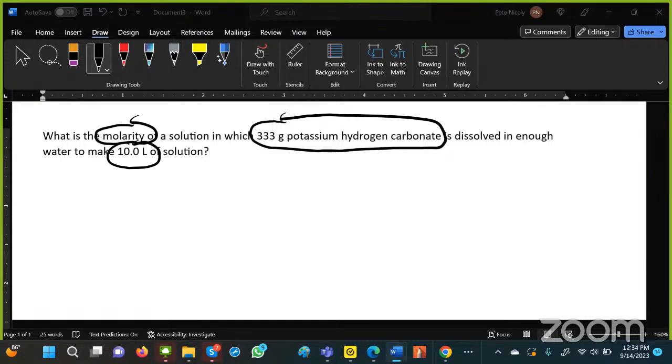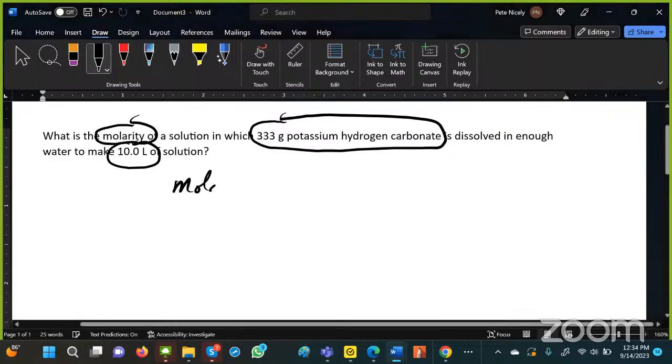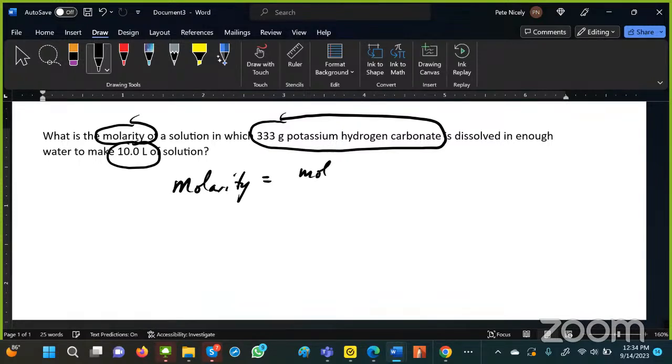What's the formula for molarity? Molarity is equal to what? Let's start off with that. Moles of solute divided by liters of solution. Okay, so we're given one part of this equation already.